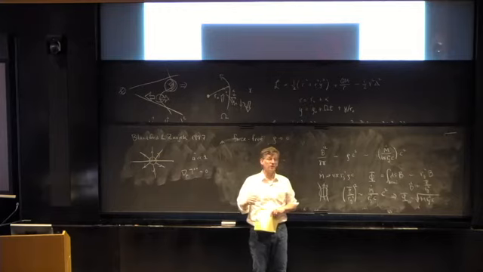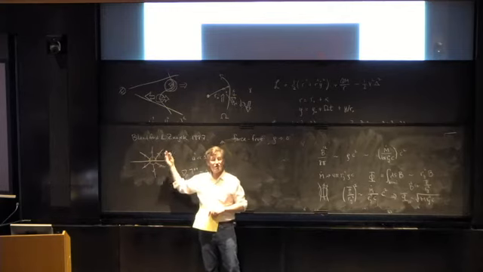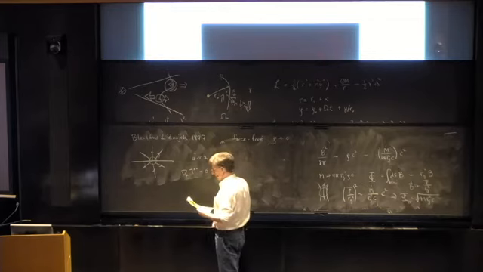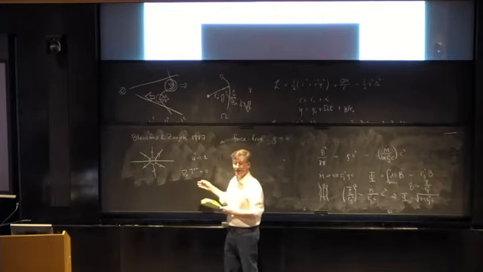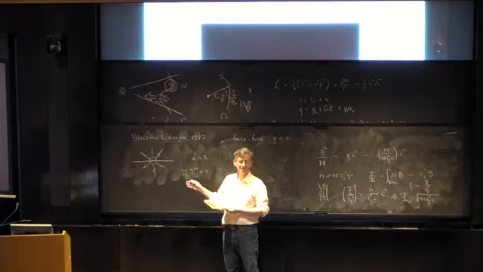These two equations allow you to evolve the magnetic field in this force-free approximation in the magnetosphere around the black hole.